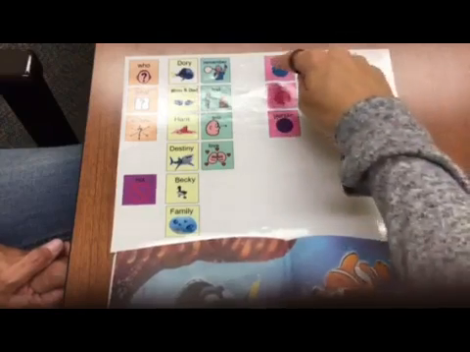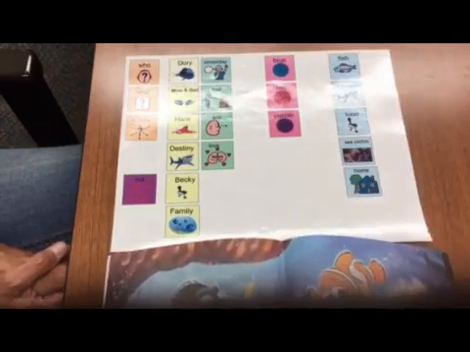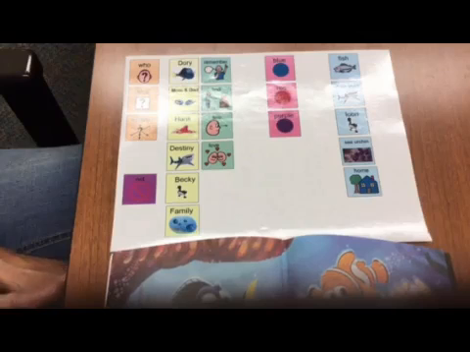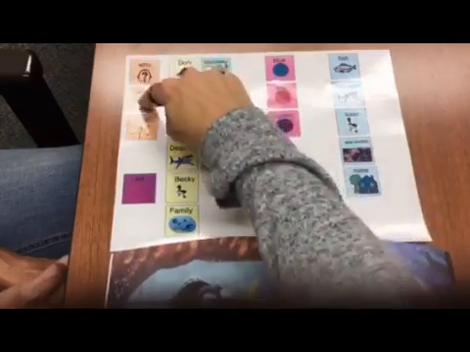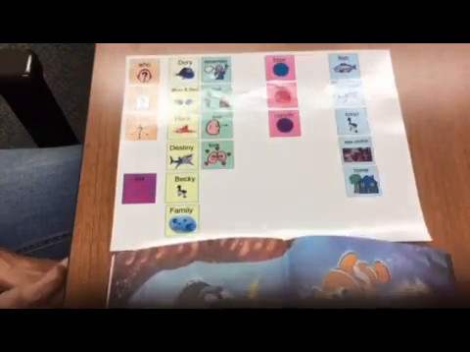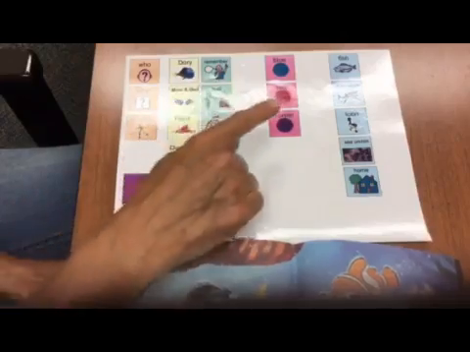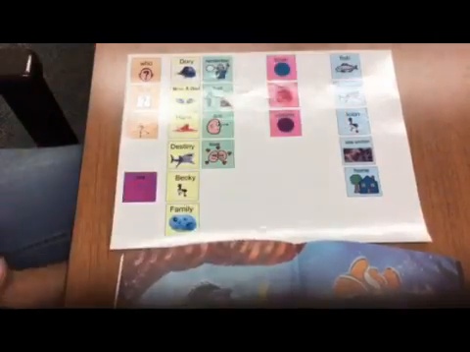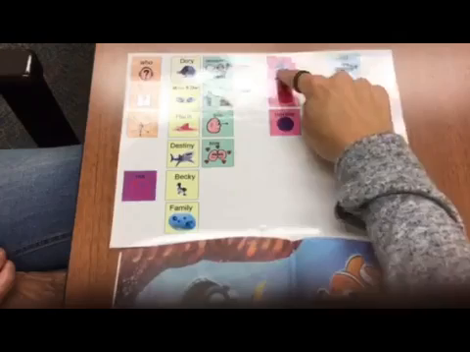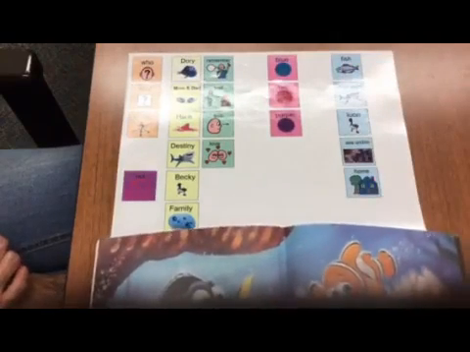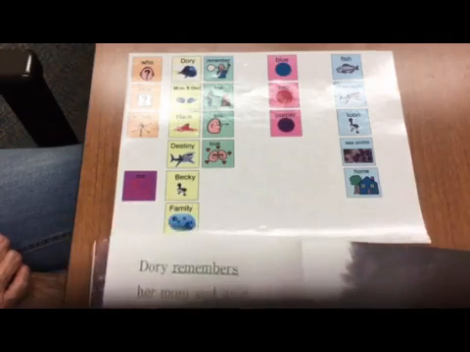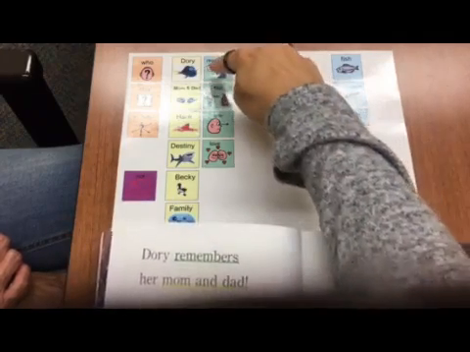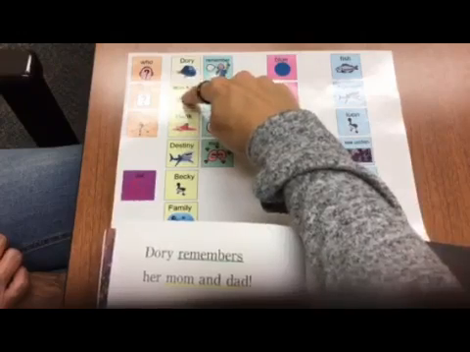Dory is a blue fish who lives in the sea. What is Dory? Yeah, Dory is a blue fish. Marlin and Nemo are orange fish. Dory remembers her mom and dad.